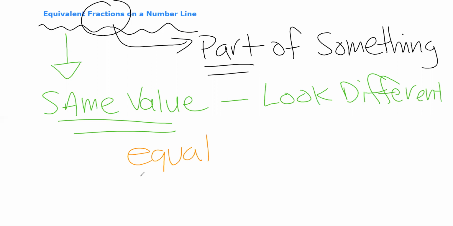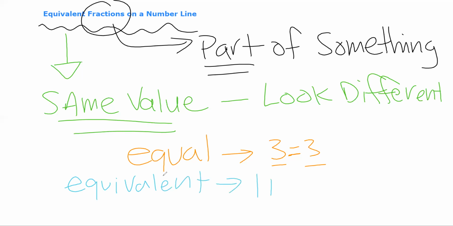Here's my quick example. 3 and 3, those are equal. They look exactly the same. But if something is equivalent, it has a different look. For example, 1 plus 2, that is 3. 3 is 3.